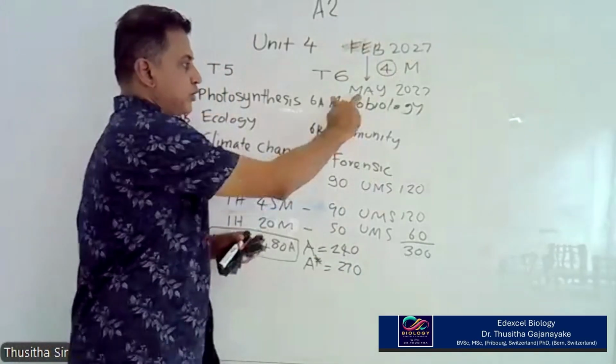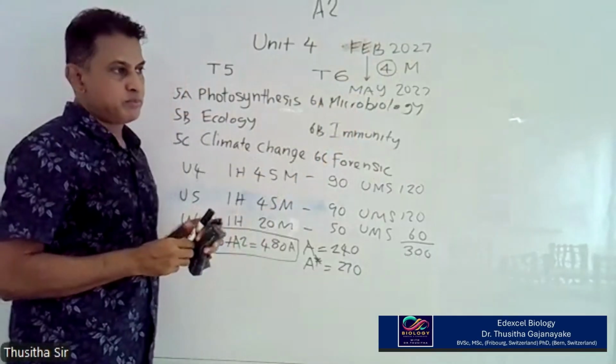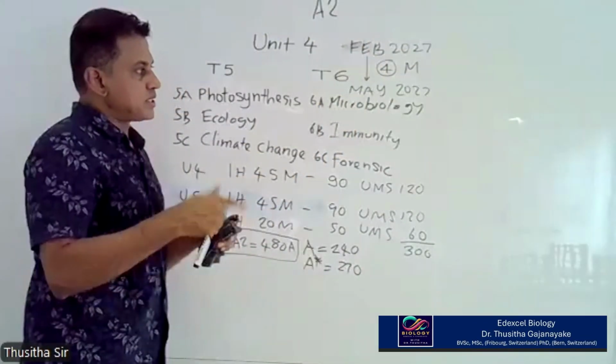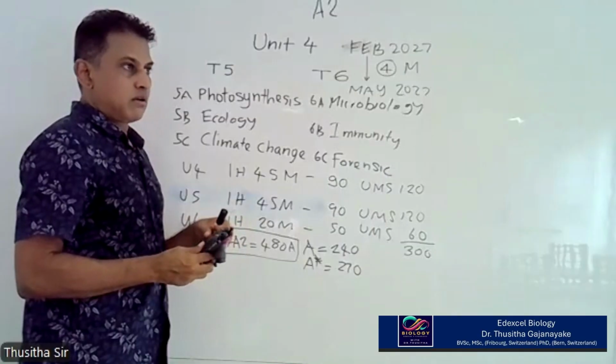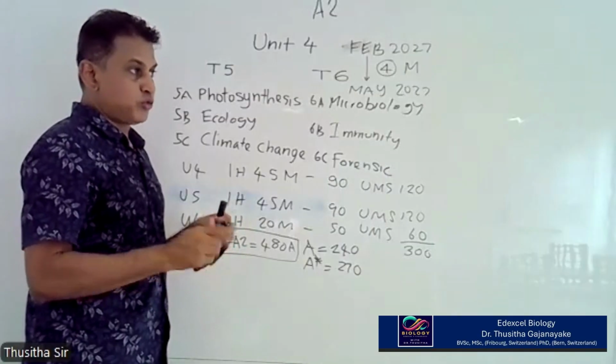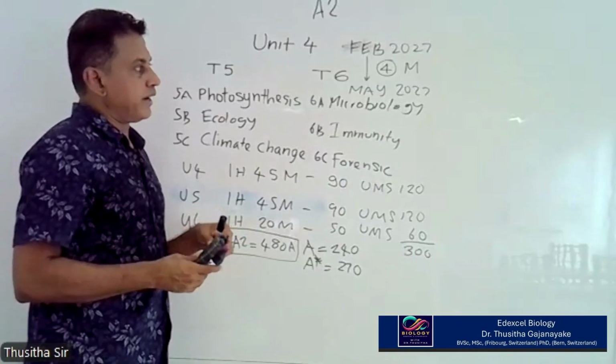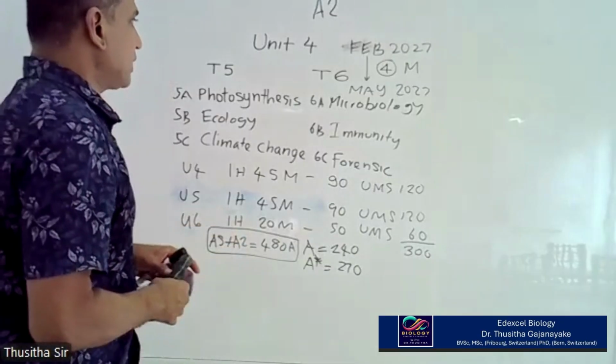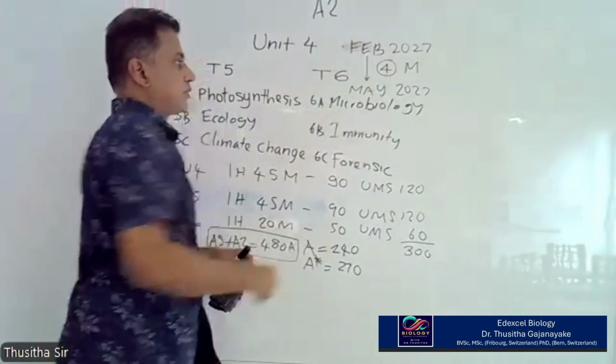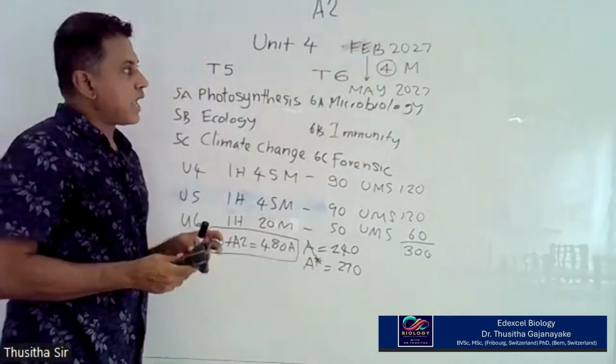We can even do one more class in June, because Unit 4 and 5 are already finished now, and Unit 6 is still there to do this year. So that's the plan for the class.